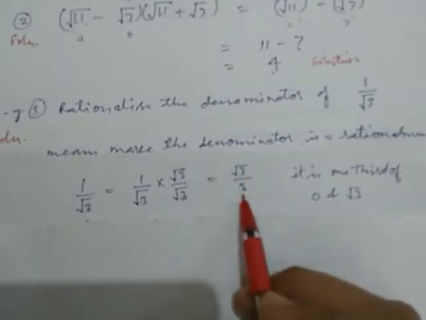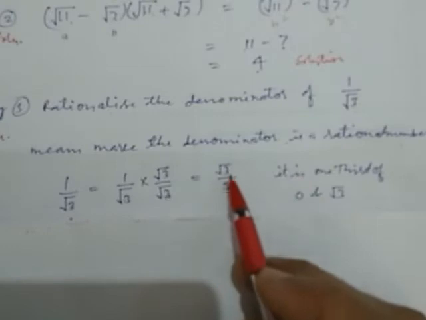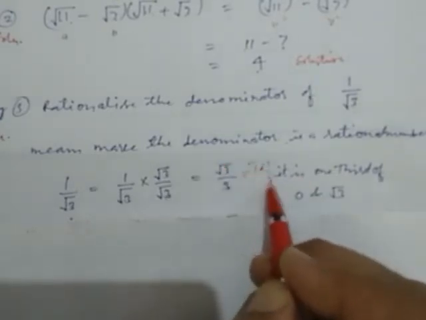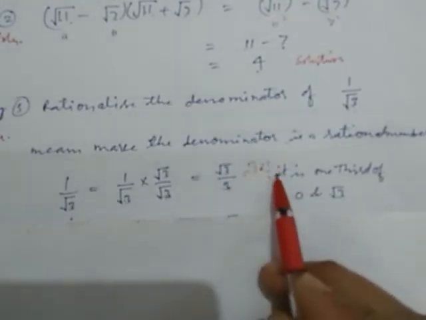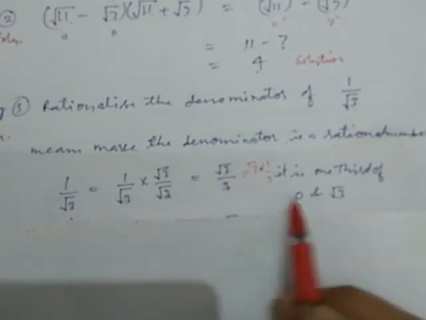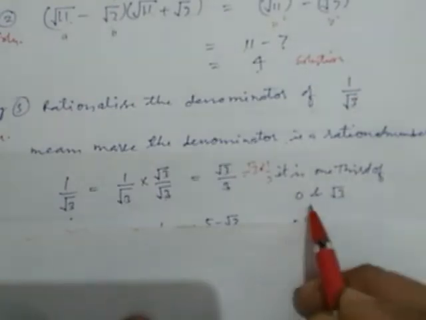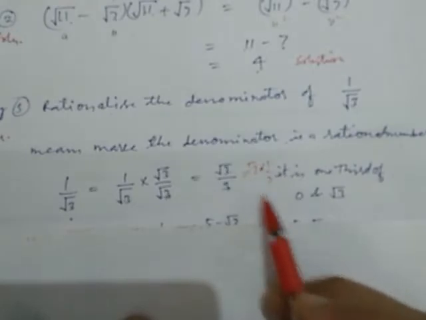Now we can handle it. This is P by Q form. So it is 1/3 of root 3. If we write this, root 3 into 1 by 3. So we check. This is 1 by 3 and root 3 times 1 by 3. Okay. So 1/3 of this root 3.